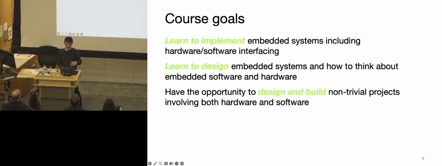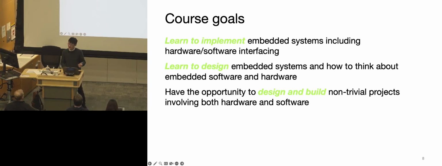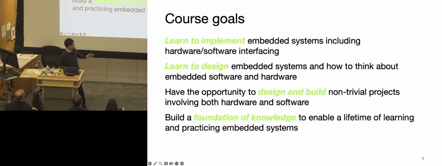After that, you have the opportunity to design and build your own embedded system, which is basically the final project of this course. Super fun. It's going to be time consuming. It's going to take you a month, but you will have something in the end to show off. We have an expo scheduled for you guys so that you can show that to classmates and also to the entire campus, North Campus at least.